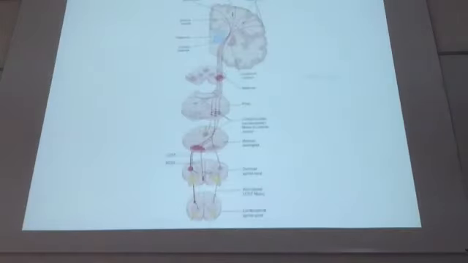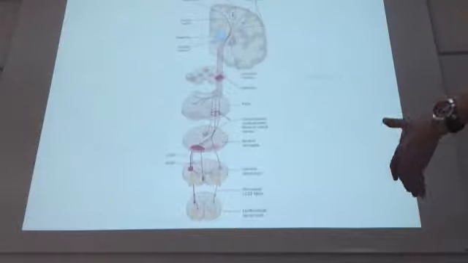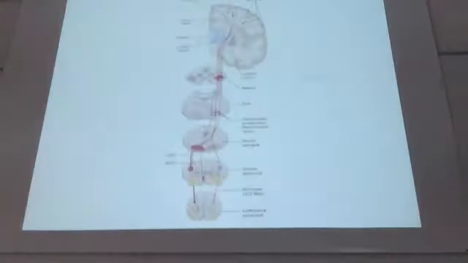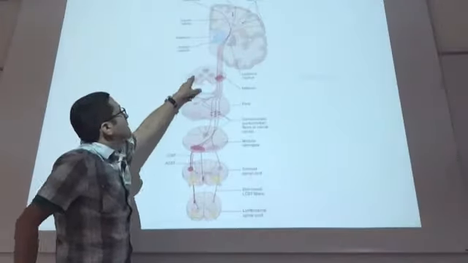Now, if you look at the entire length of the fibers originating in the precentral cortex, they descend through the midbrain, through the cerebral peduncles, the crus cerebri. Okay, if you remember, this is the midbrain.